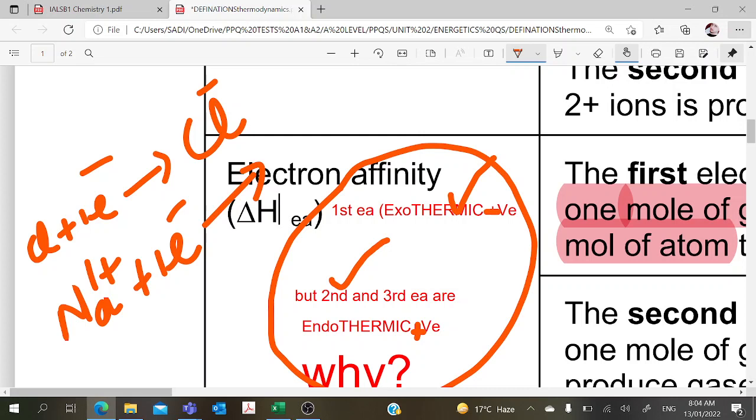Are we clear with this? Okay. So in the reverse process, the loss of electron is called the ionization, and the gain of electron is called the electron affinity.